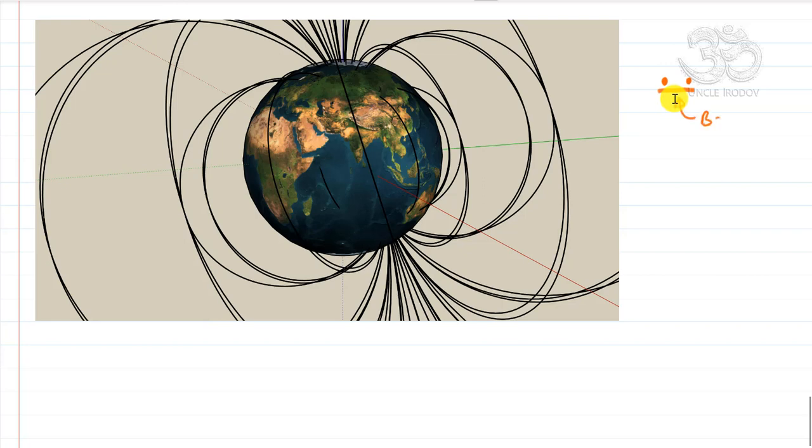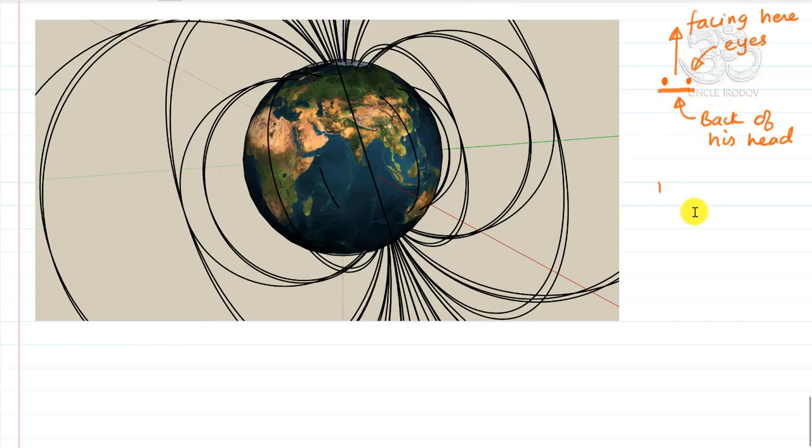This is the back of his head, and these two are his eyes, so that he's facing here. So this is the convention.